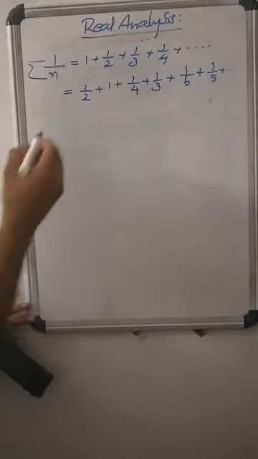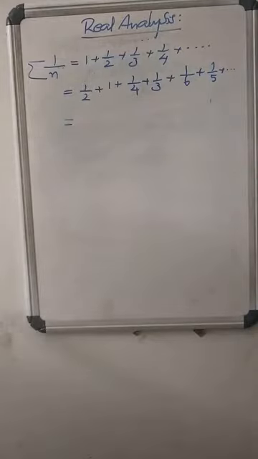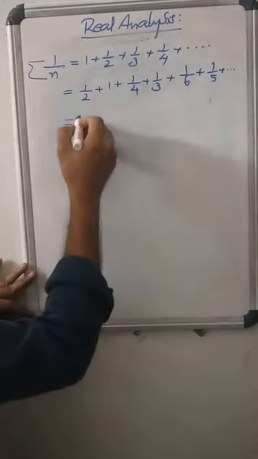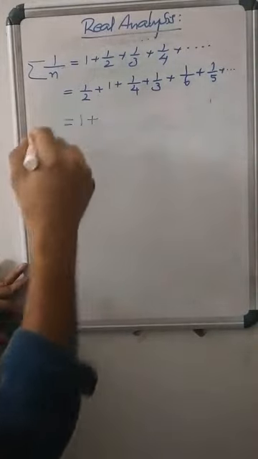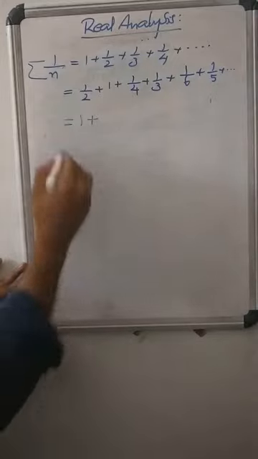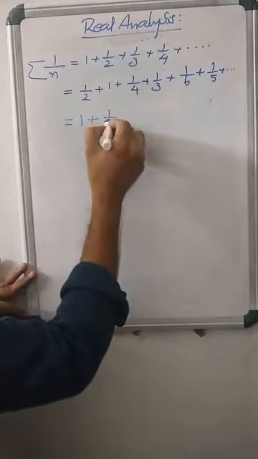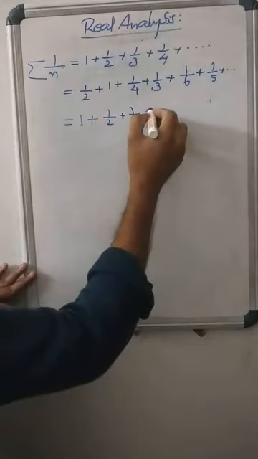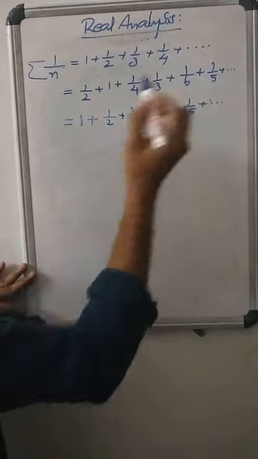Or you can make another series from sigma 1 by n. The first term is 1, that is 1 by 1. It is 1 plus the even terms, the first two being 1 by 2 plus 1 by 4, next the odd terms, 1 by 3 plus 1 by 5, plus, etcetera.